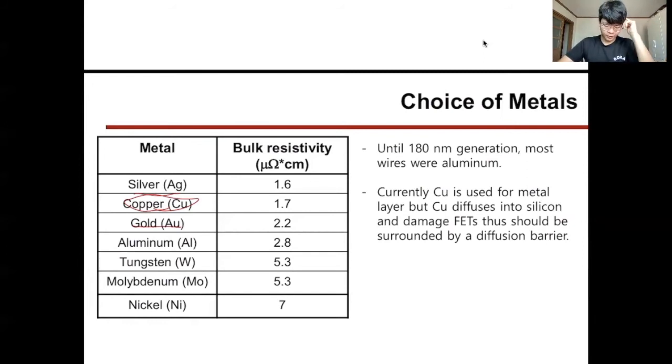However, copper easily diffuses into silicon and it cannot be etched using a dry etch. The reason we don't use the wet etch is that the wet etch is usually isotropic, so it cannot provide a high aspect ratio.